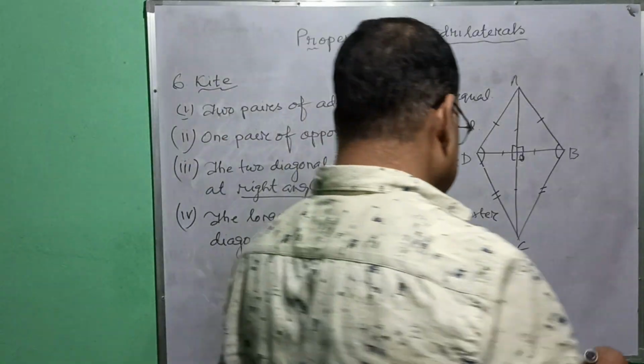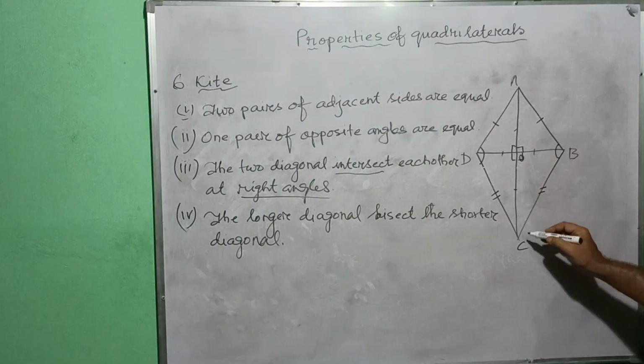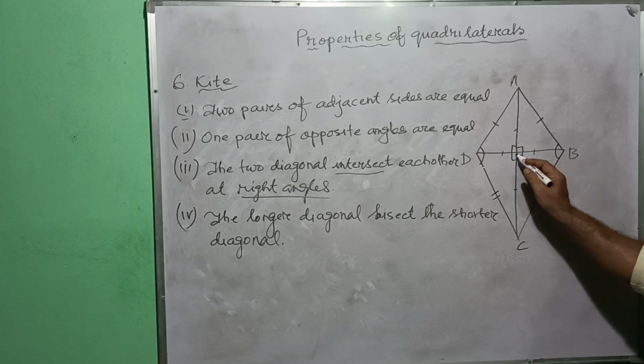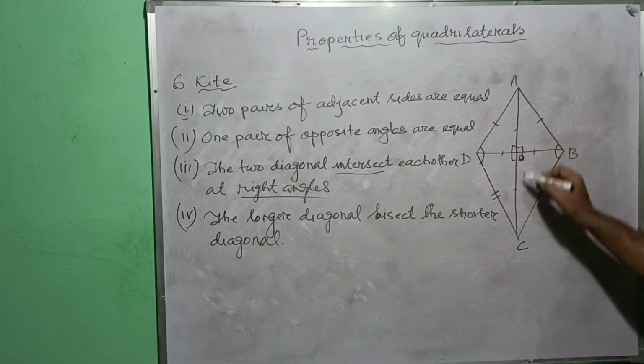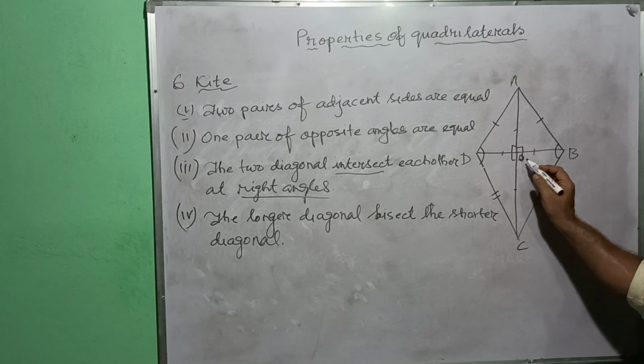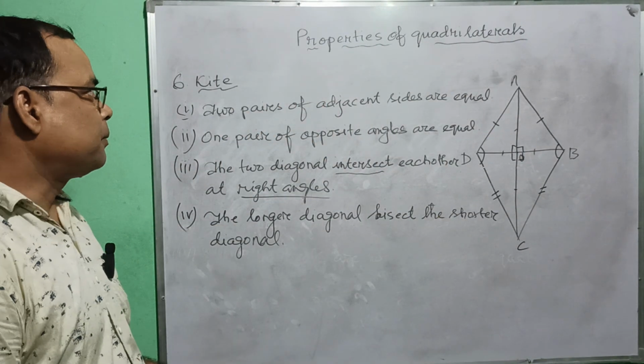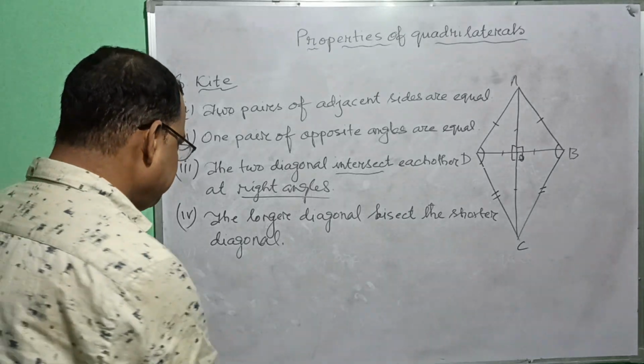The longer diagonal means AC, so it divides the shorter one into equal parts. So the longer diagonal bisects the shorter diagonal DB. It means OD is equal to OB. So these are the 4 properties of a kite.